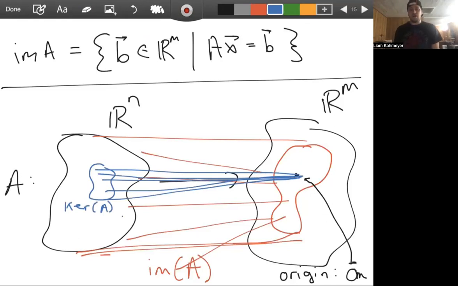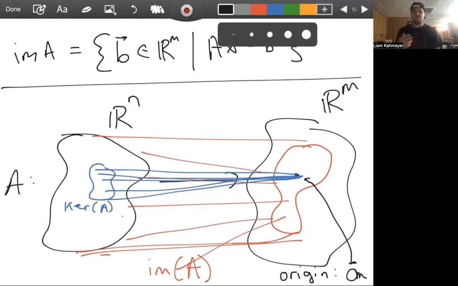You can learn a lot about a function or the behavior of these spaces based on how you transform one space into another, and we'll look at this a lot more. The next chapter is called linear transformations, and we're basically going to try and understand more of what's happening when you transform one space to another. So this is just to give us an idea of what these subspaces, the kernel and the image, actually are. Okay, cool.